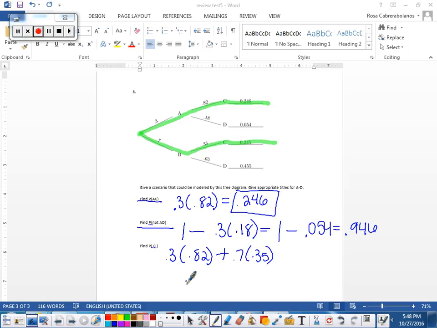We said that this was 0.246 plus 0.245, which is, I believe, 0.491. And this will be my answer.